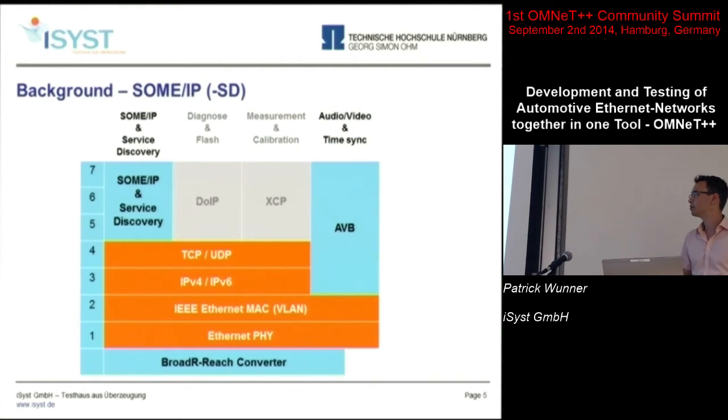The SOME/IP protocol has no real-time capability, and for this, at the bottom of the OSI model, the MAC layer is extended by a VLAN tag, and the Ethernet PHY is converted to BroadR-Reach with a BroadR-Reach converter to send the 100 Mbit data over one twisted pair of cable.